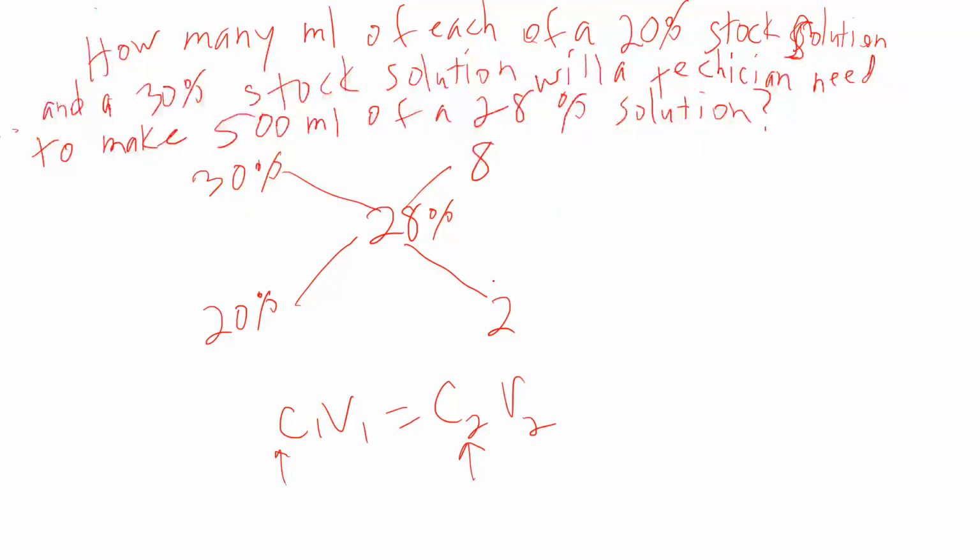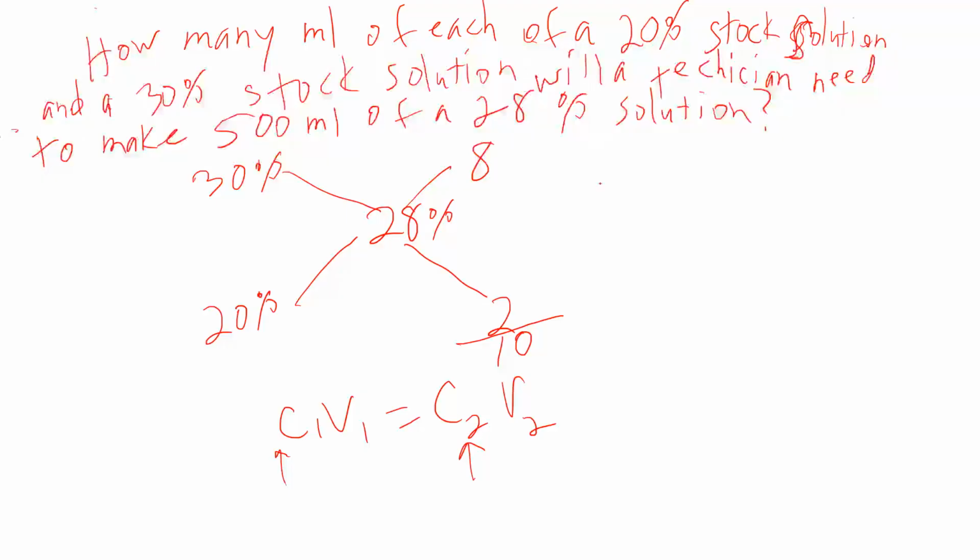So we have 2 and 8, and that means that the total parts is 8 plus 2 is 10. That means that there's 8 parts of the 30%, and you mix it with 2 parts of the 20%, and then you get 10 parts of the 28%.